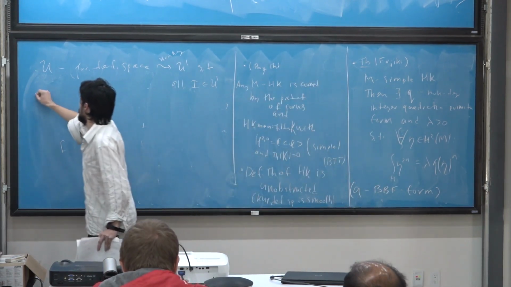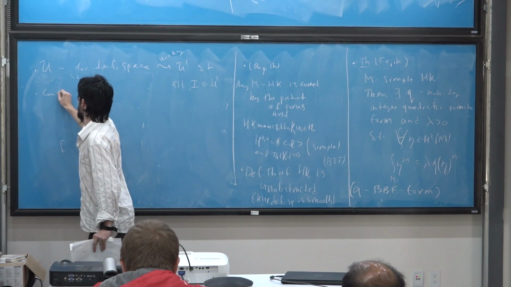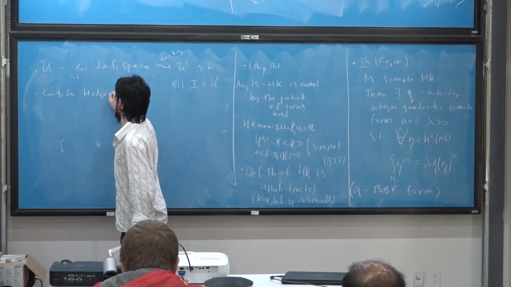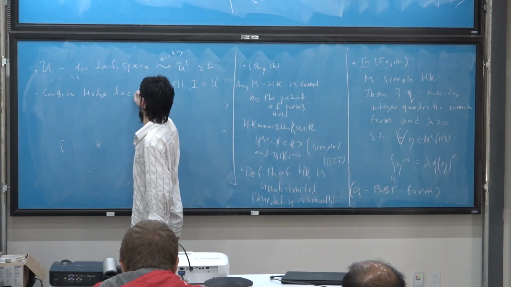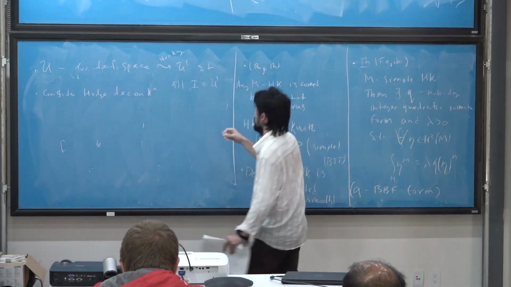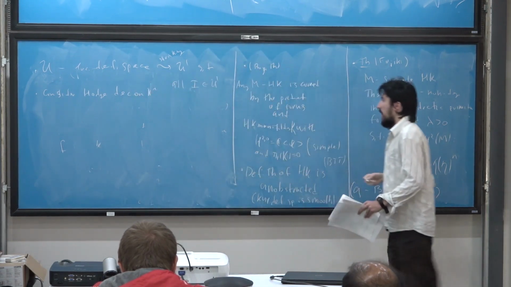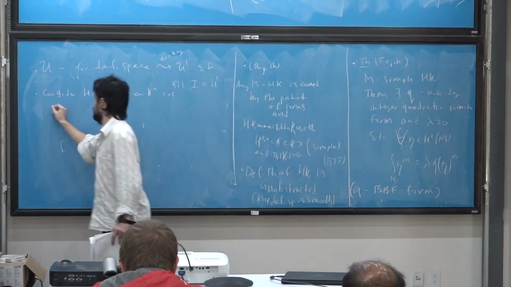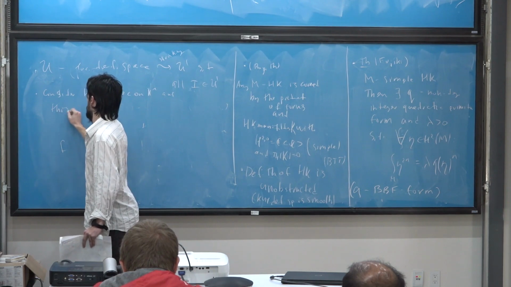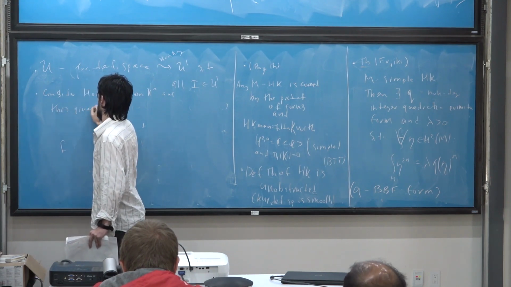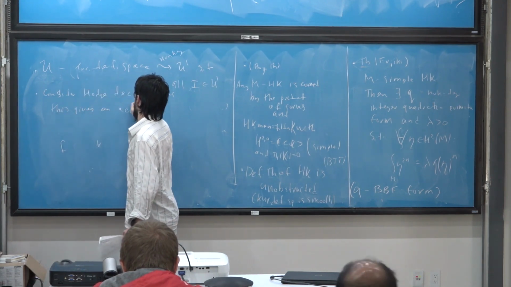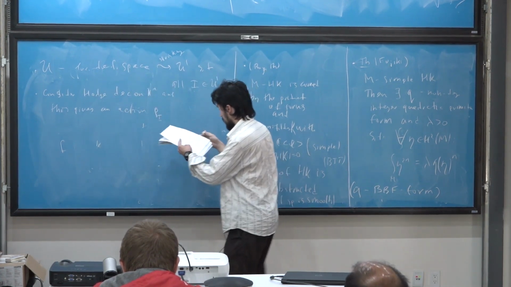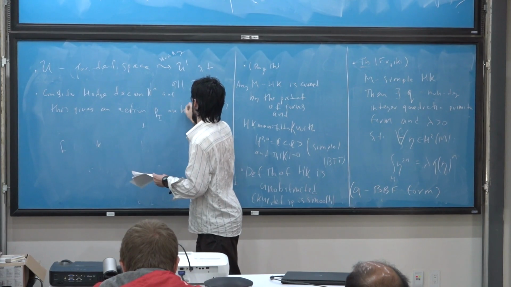And then we can consider the Hodge decomposition on H2, which we have by the conditions of the theorem. And this gives us an action of rho I on H2.